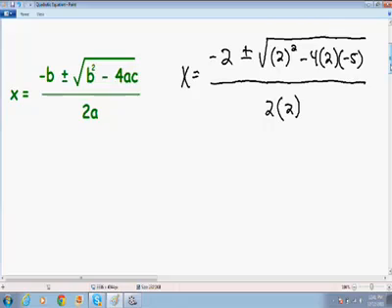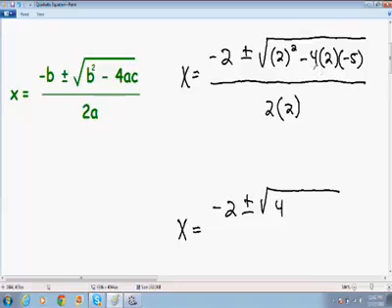The first thing I'm going to do is simplify the square root. I'm going to write everything else exactly the same. Inside the square root, 2 squared is just 4. Then we have a negative 4 multiplied by 2, which is negative 8. And negative 8 multiplied by negative 5 is positive 40.